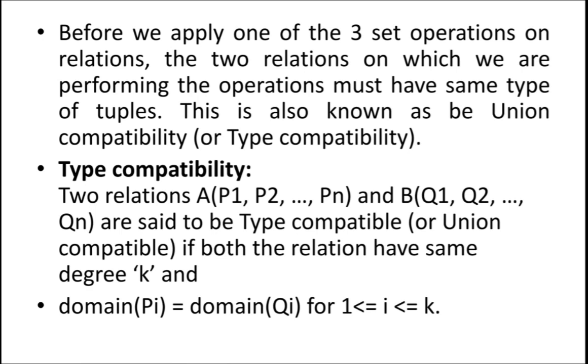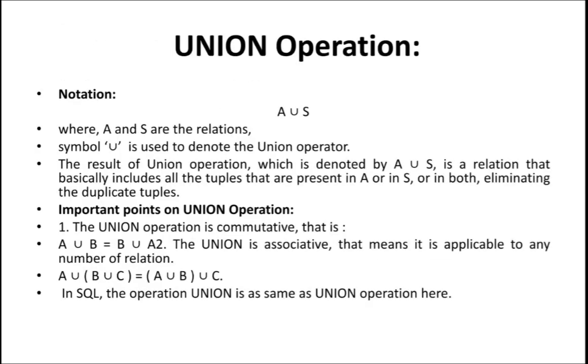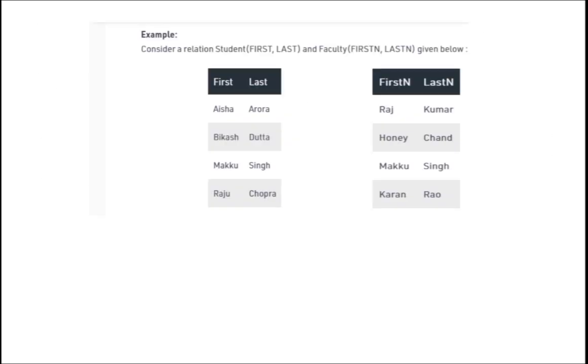Before that, before we apply one of the three set operations on relations, the two relations on which we are performing the operations must have the same types of tuples. This is also called union compatibility. Same types of tuples means, here you can see, the tuples are in the form of characters.